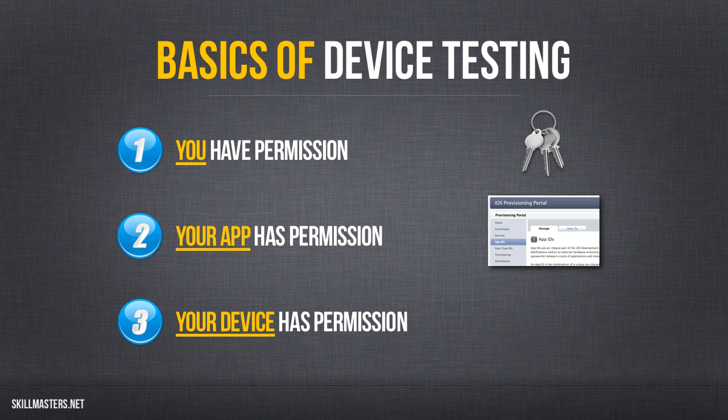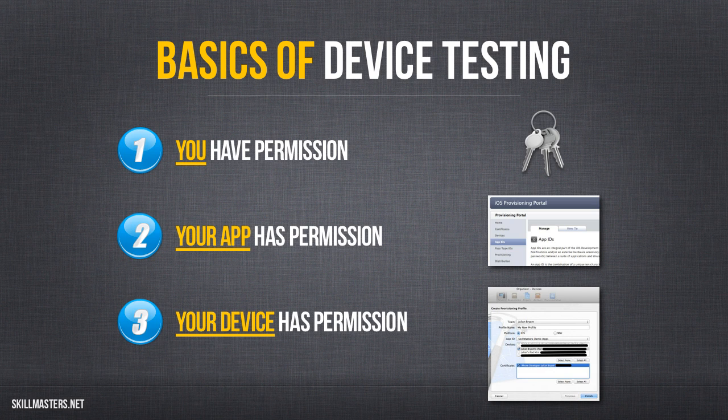Finally, you need to make sure that your device is okay to run the apps you're developing. You register your devices through the provisioning portal and then create a provisioning profile where you set your app ID, your developer certificate, and check the devices you want to test this app on. This has been a very high-level view of what happens with the provisioning profiles. In a future video, what we'll do is walk through this in detail and actually show you how to get this done.